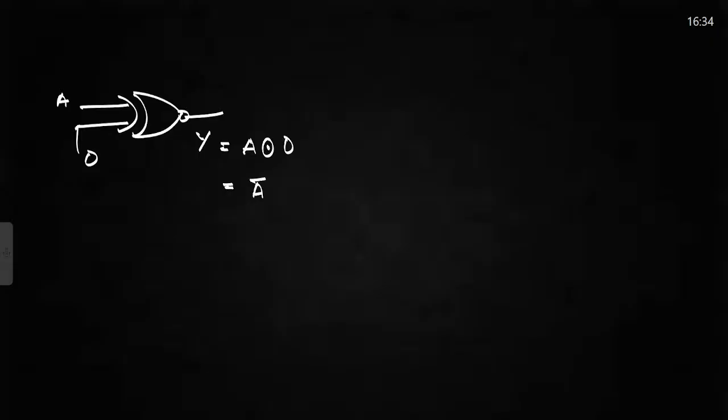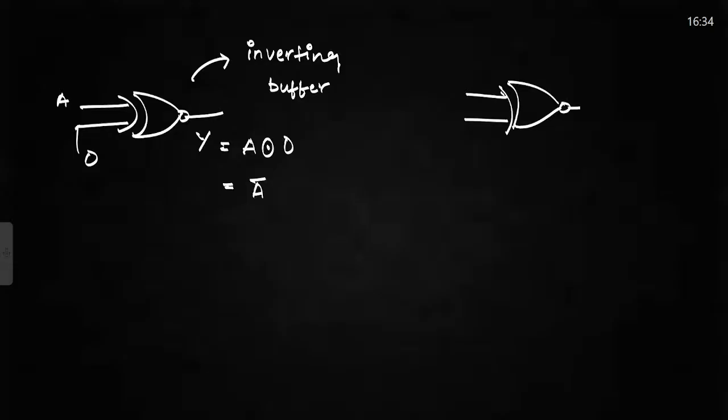So this is an inverting buffer. Now let us take constant 1. So A XNOR 1 is always A. So it acts as a buffer.